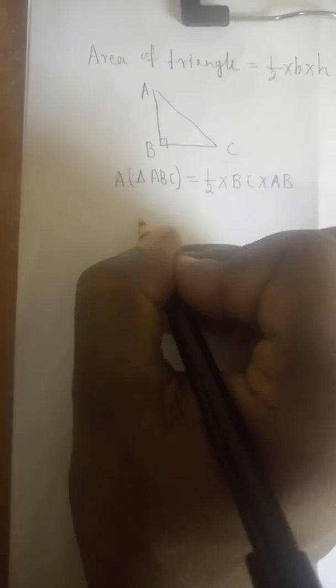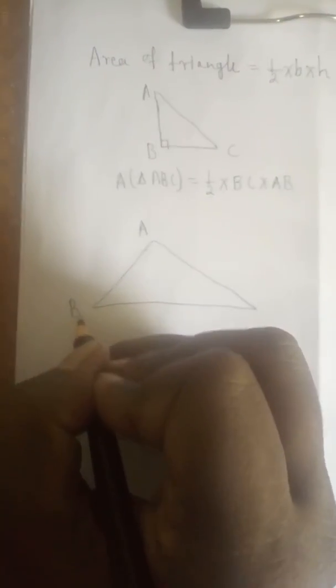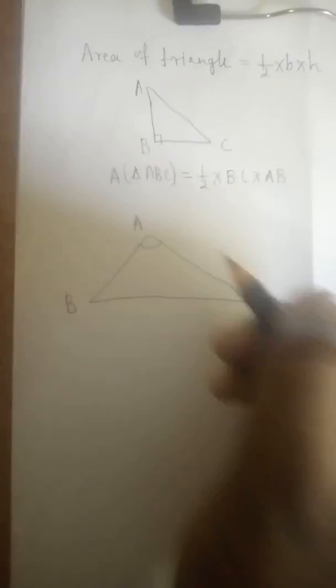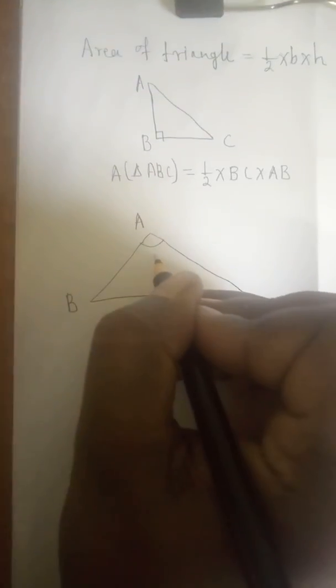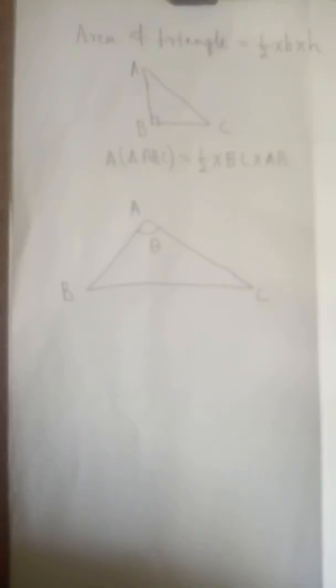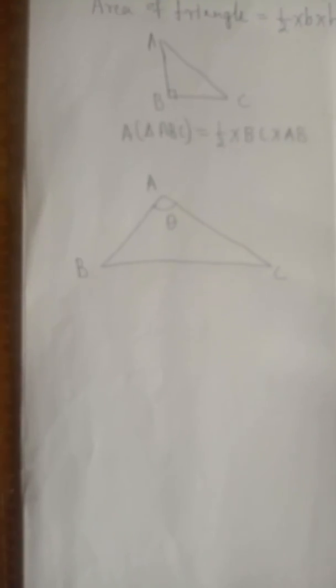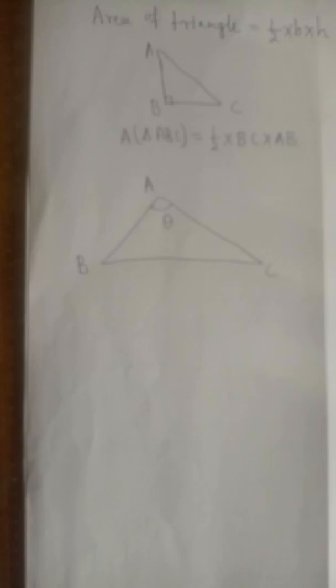Let's take a triangle in which sides are not perpendicular. I'm talking about any triangle. As I said earlier, I'll label this again as A, B, C. In this case, the angle included by AB and BC is given. Let's take this as theta, included by side AB and AC.